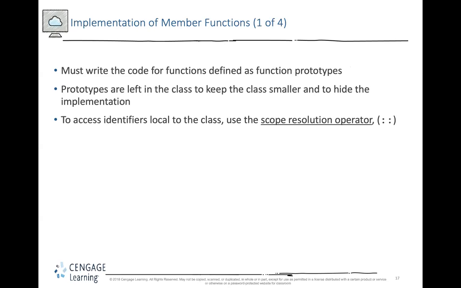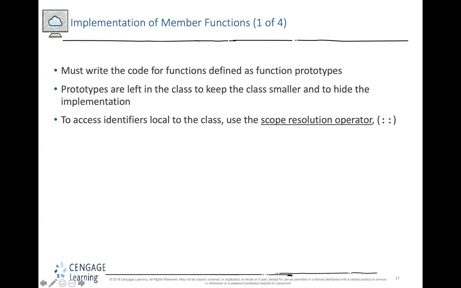And then the implementation of member functions, as we already mentioned, you may put inside the class definition or outside of it, even in a different file. It's just a way of organizing your code. When you define it outside of the class definition, whether in a different file or outside the class in the same file, you have to use the scope operator, almost treating that class name like a namespace.